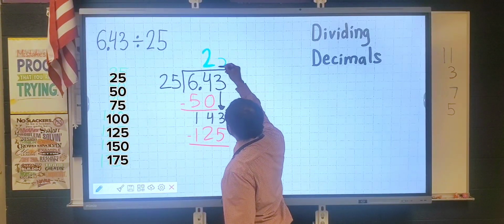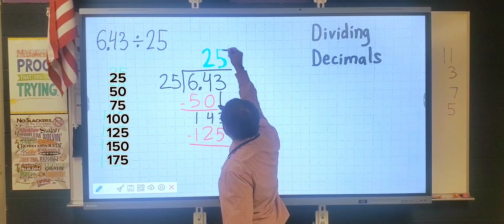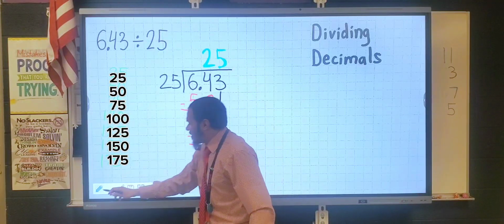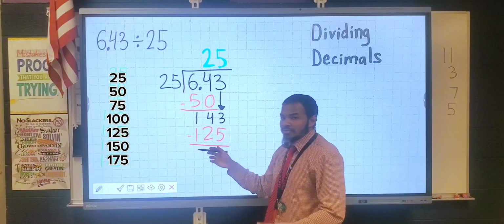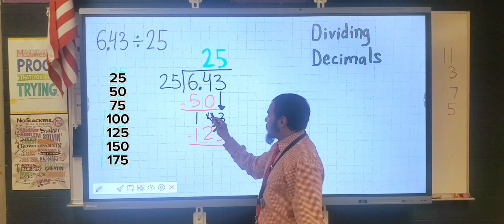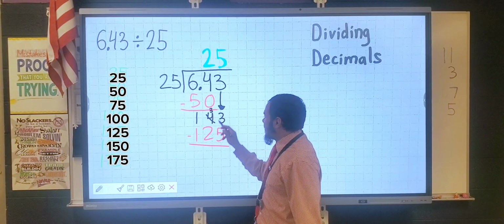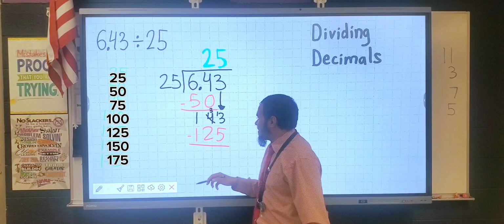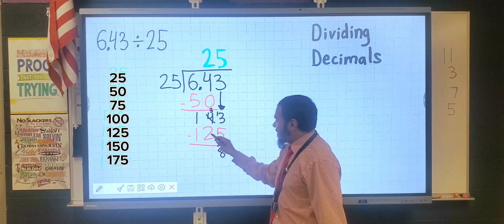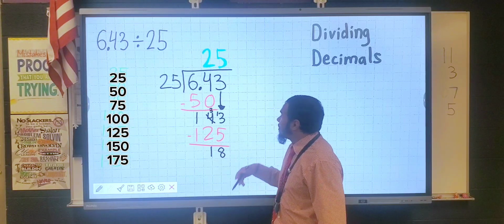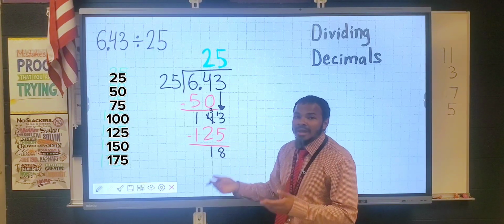So I'm going to put a 5 on top, and then do my subtraction problem. 3 minus 5 we can't do, so we regroup. This 4 becomes a 3, this 3 becomes a 13, and 13 minus 5 gives me 8. 3 minus 2 gives me 1. You'll notice I have another remainder.